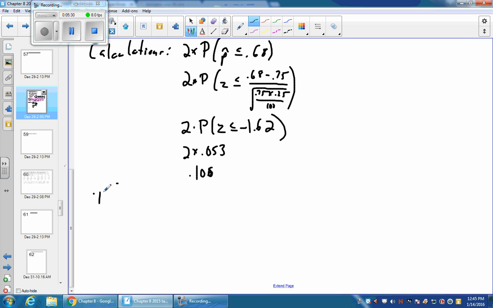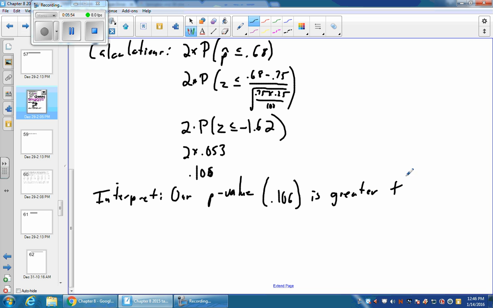So now let's interpret this. Since the p-value is greater than our alpha level, they didn't say an alpha level, so let's just assume 0.05, we fail to reject the null.